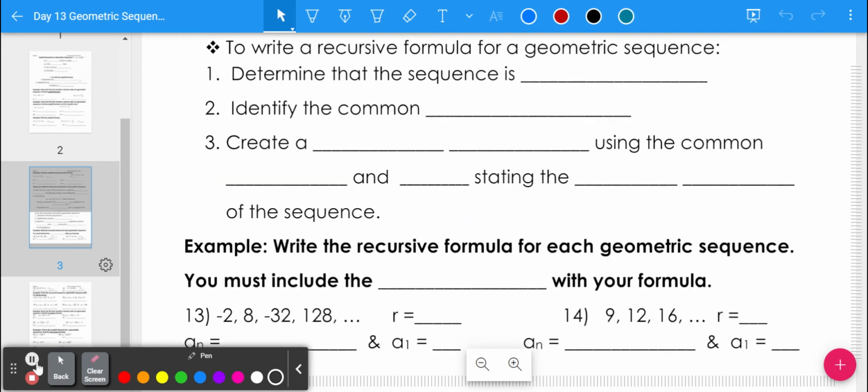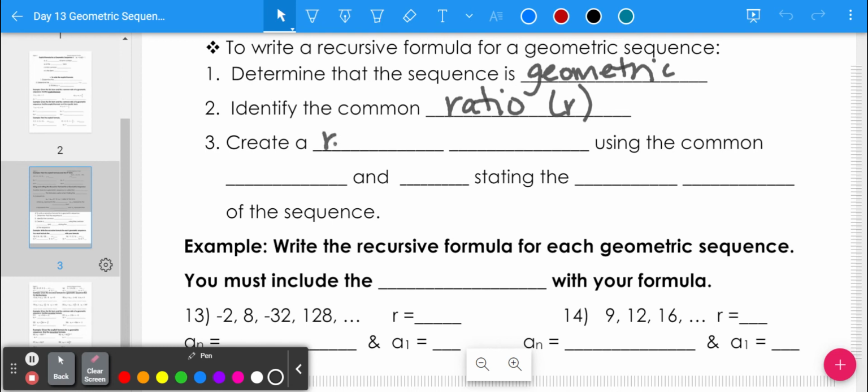In order to write a recursive formula for a geometric sequence, first we want to determine that the sequence is truly geometric. So multiplying to find the next term. Then you want to identify the common ratio. Remember, what is that number that you multiplied by?